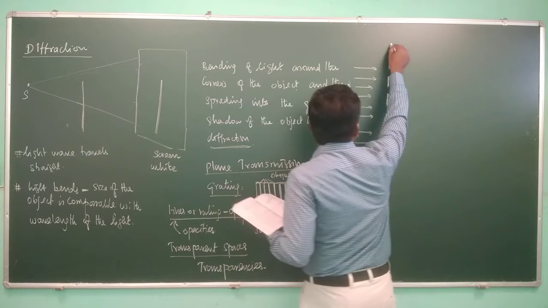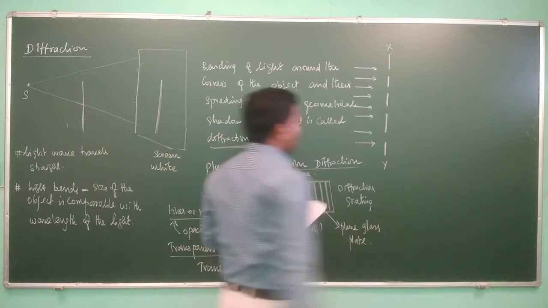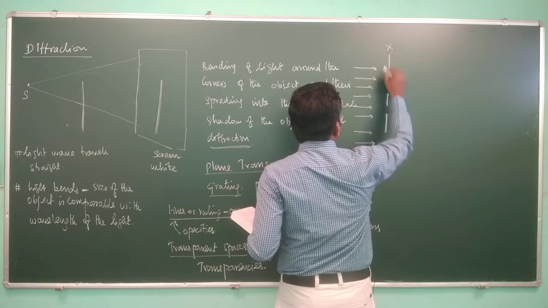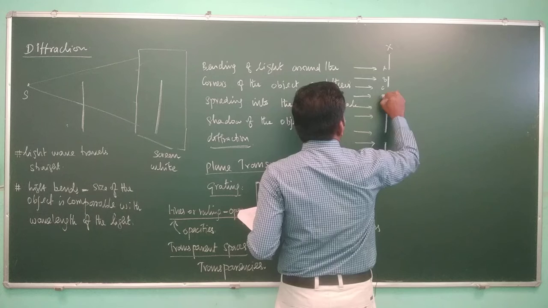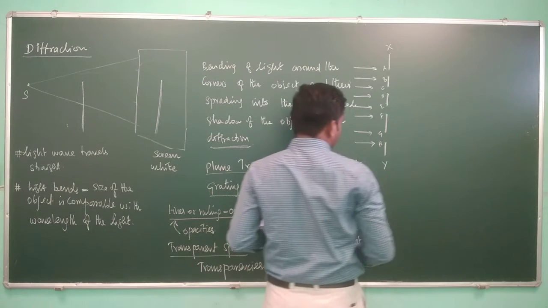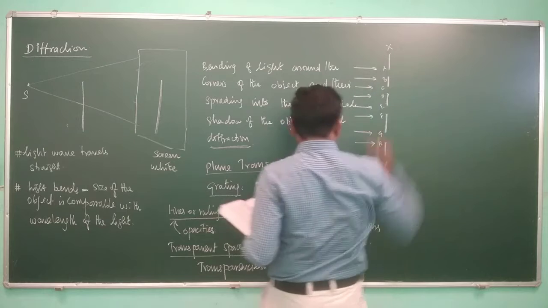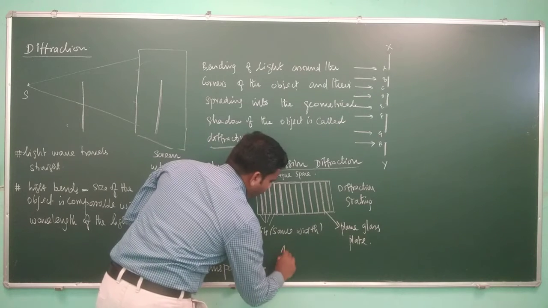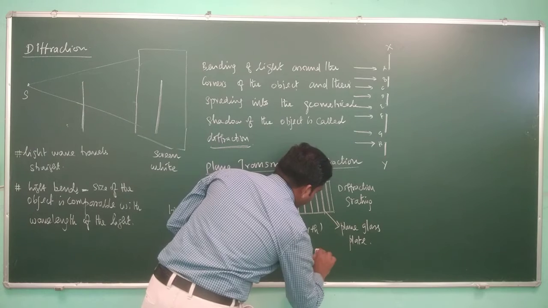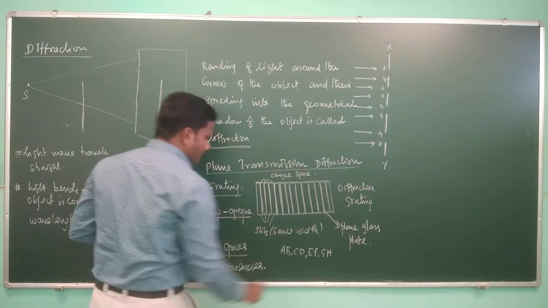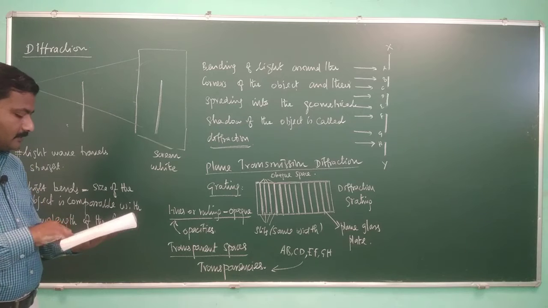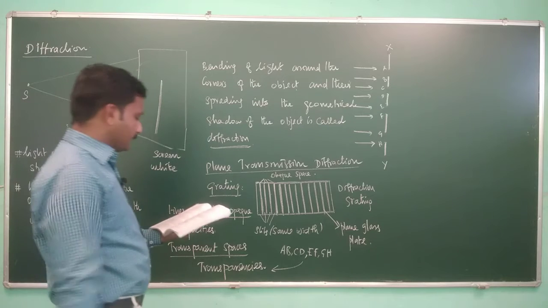Now let this grating be XY, and here let these points be A, B, C, D, E, F, G, H. These are transparent spaces, or transparencies, or simply called slits.